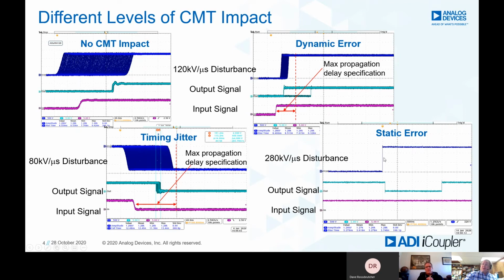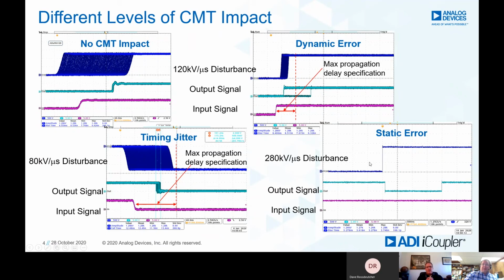Here we have a transient, but no switching is supposed to be happening. Even so, the transient causes the part to change state. You absolutely don't want this. This is causing an error.